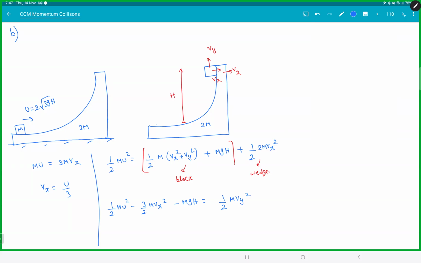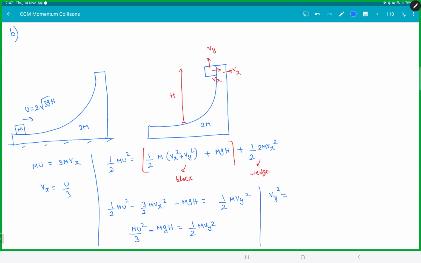Substitute everything that you know. So 3 by 2 u square by 9, that's u square by 6. This guy would be m u square by 3 minus mgh is half m vy square. But I already know what is u. U is 2 into root 3gh.